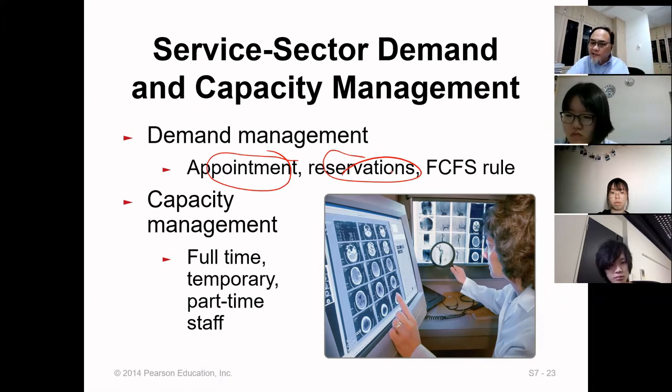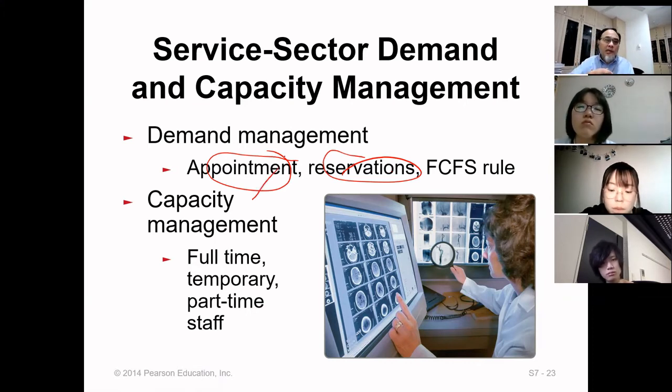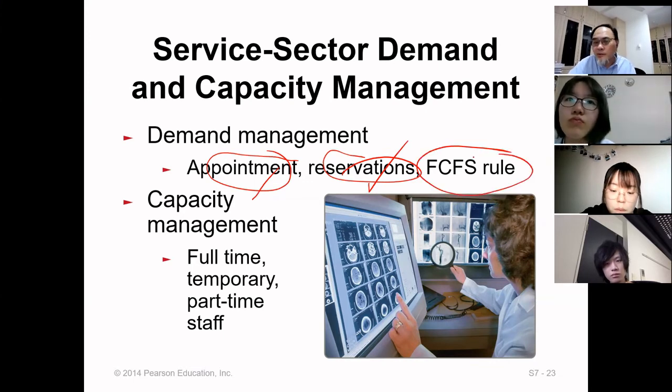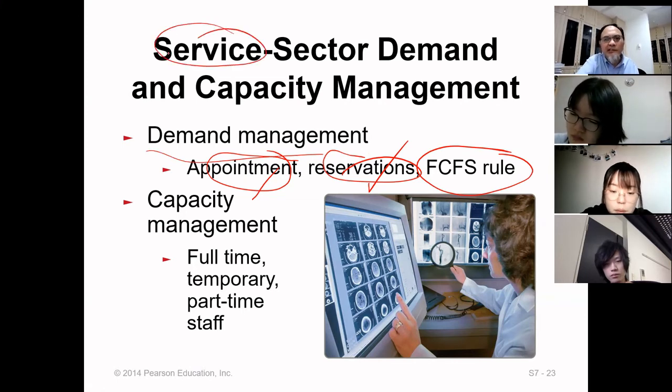For example, when you go to the dentist, they have appointments because they don't want too many people to come at the same time, since they cannot serve them. Or they have reservations, or even a first come first served rule. These are demand management techniques to cope with the service sector, because service demand fluctuates much more.